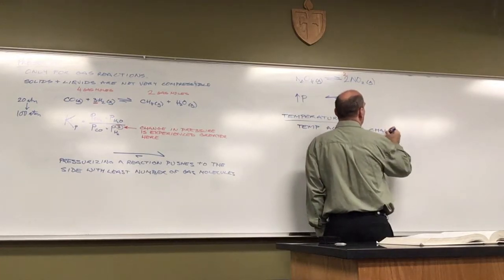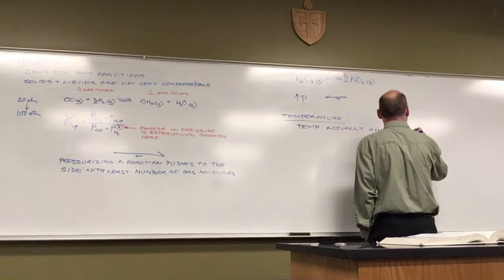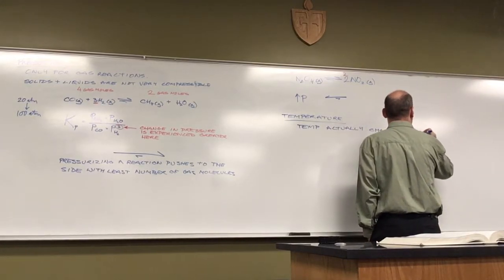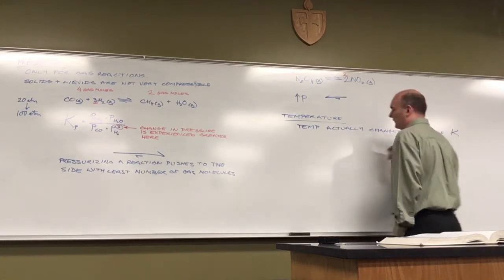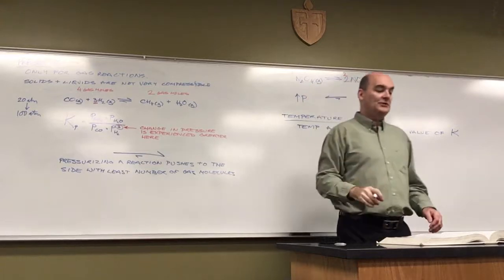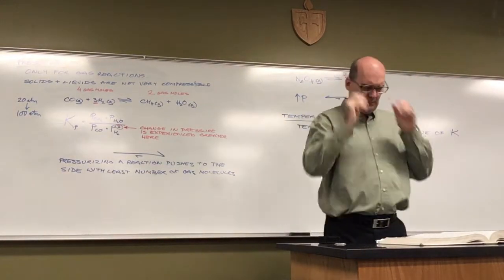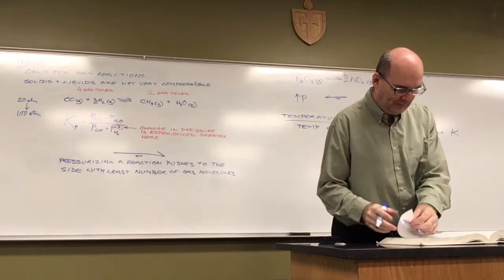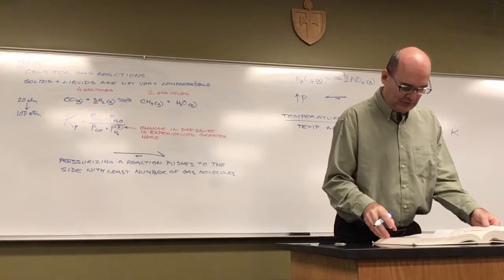That's why whenever we quote a value of the equilibrium constant, we're supposed to quote a temperature, because the constant is only valid over a particular range of temperatures.